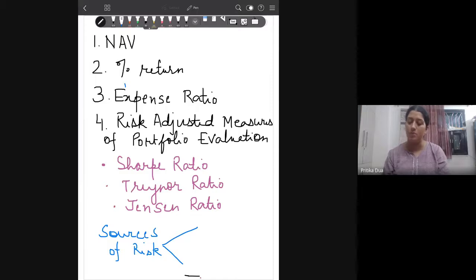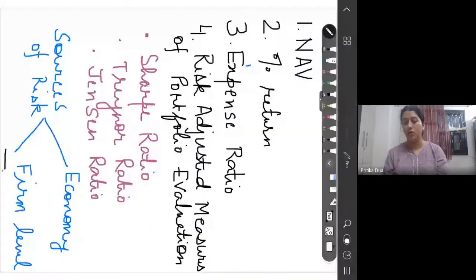Macro level here would be, say, at the economy level, and there are certain risks which are present at the micro level, and micro level here would be the firm level. तो इकोनॉमी लेवल पे जो रिस्क होंगे वो सारी फर्म्स के लिए कॉमन होंगे. So what can be examples of risk which are at the macro level? Can anyone give me any example which will be common to all the firms in the market?